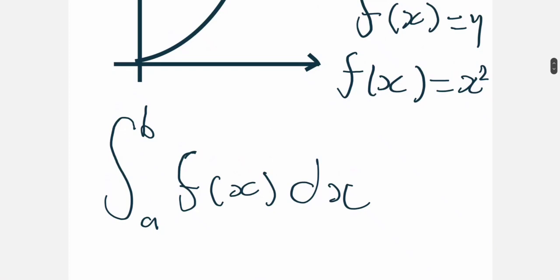Now, we need to know the a and b of this, because we can't really work it out if we don't know. We can call a here 2, let's say, and b 4. So now we know our a and b and f of x, we can solve.